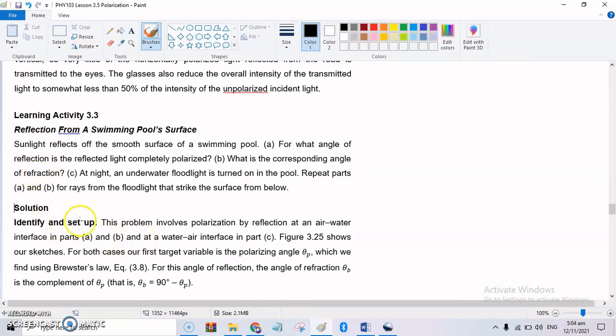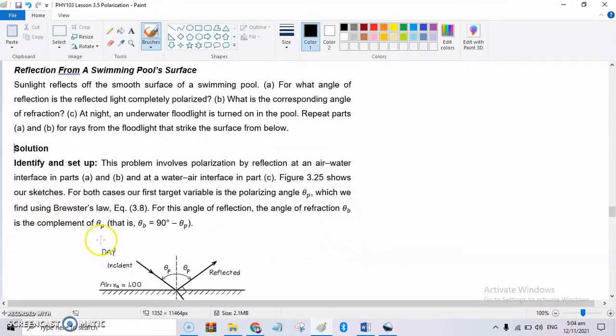For this setup, this problem involves polarization by reflection at an air-water interface in parts A and B. Since it is sunlight that reflects off a swimming pool, the swimming pool is the water and the air is above the swimming pool. Figure 3.25 shows our sketches.